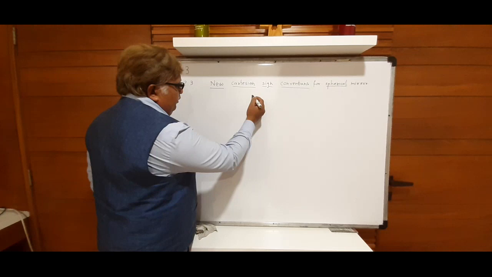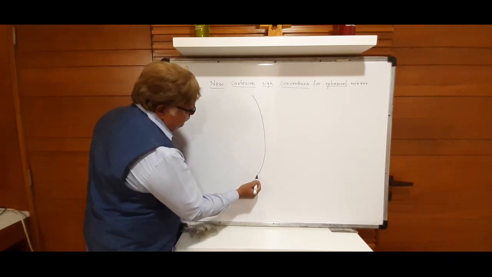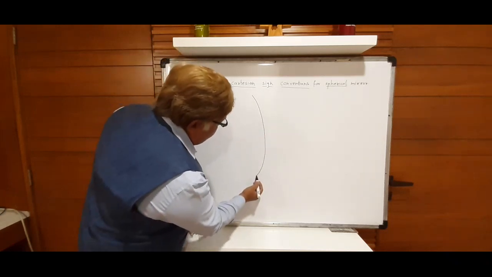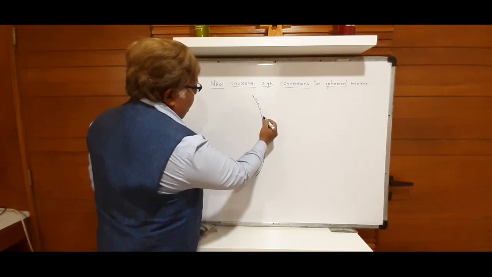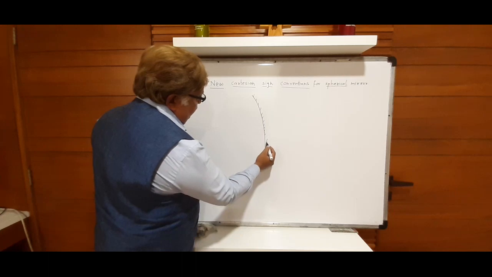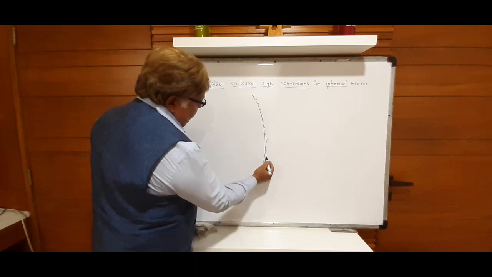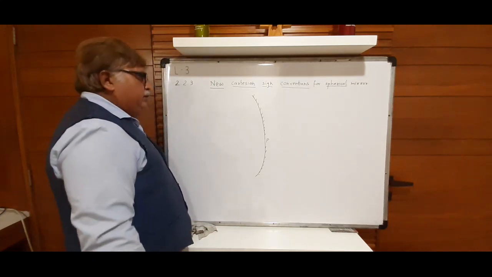We are taking a concave mirror. Suppose this is a concave mirror. Somewhat you have to draw a little big diagram. Concave mirror I have drawn here.